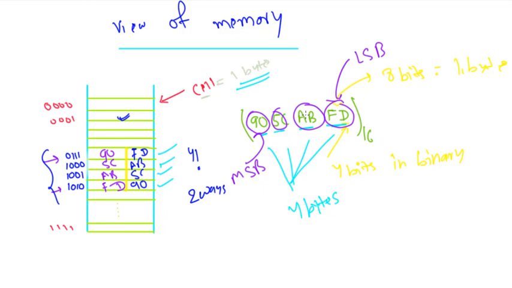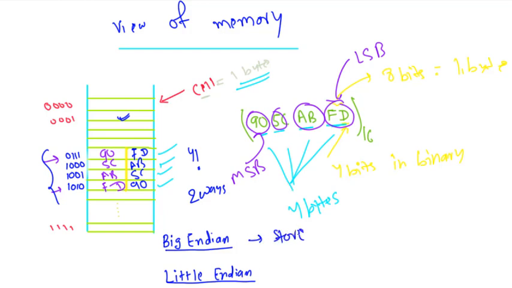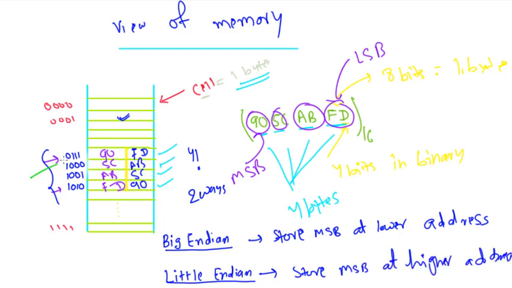We can classify these ways into 2 types: Little Endian and Big Endian. Big Endian says to store your MSB at the lower address. Little Endian says to store MSB at the higher address. This is my lower address and this is the higher address.